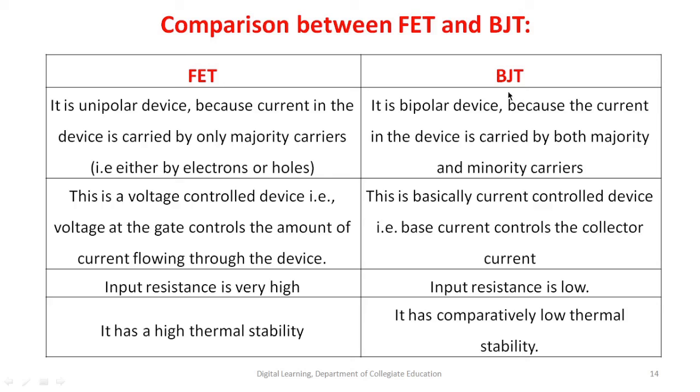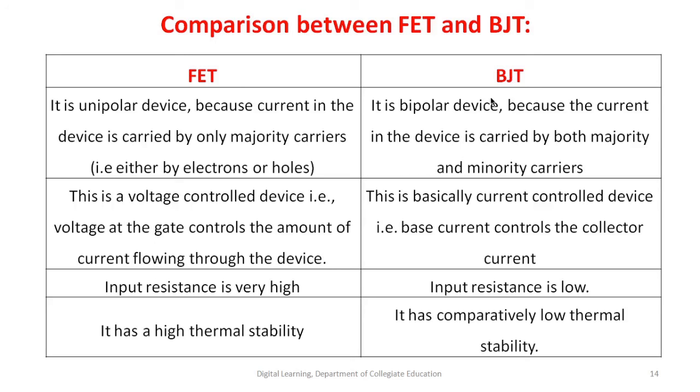In bipolar junction transistor, current conduction is due to both type of charge carriers, that is majority and minority. That means holes as well as electrons will be responsible for current conduction in the device. So FET is a voltage controlled device because voltage at the gate controls the amount of current flowing through the device.